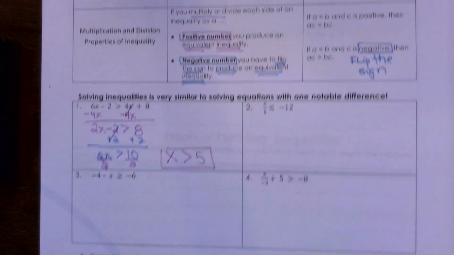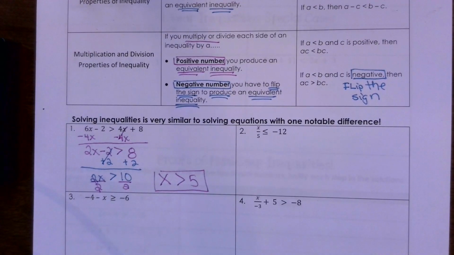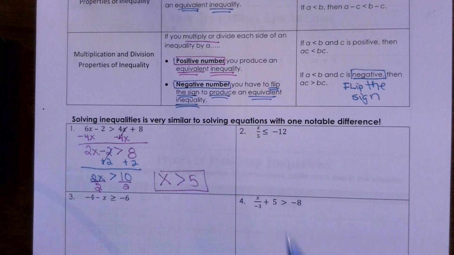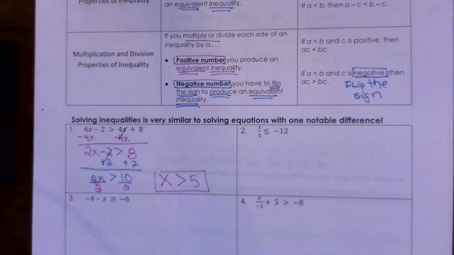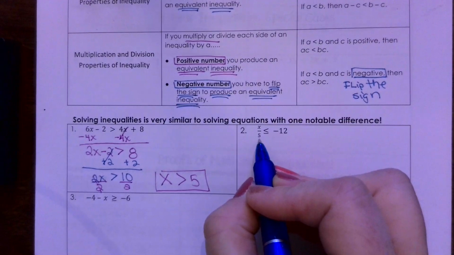In our next example, I have a one step. There's no distributing, no combining of like terms. The variable is on one side. And what I see is I have x divided by 5. So this represents division. I'm going to use my inverse operation, which is multiplication. I'm going to multiply both sides by 5.